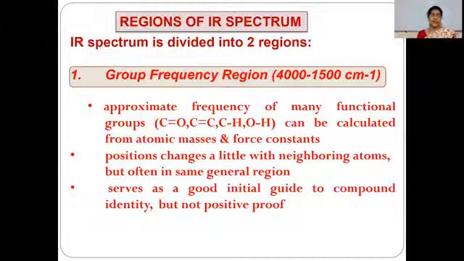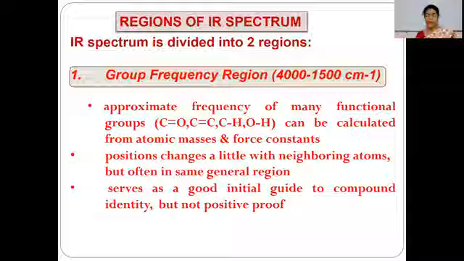Positions change a little with neighboring atoms, but are often in the same general region. That means, for example, the carbonyl group shows absorption near 1700 centimeter inverse. In case of ketones, the R may be CH3, C2H5, C3H7 or C6H5.